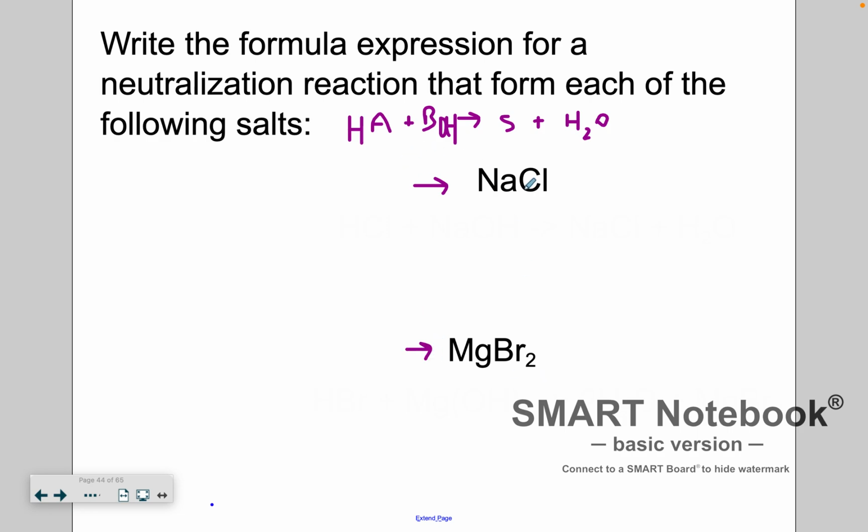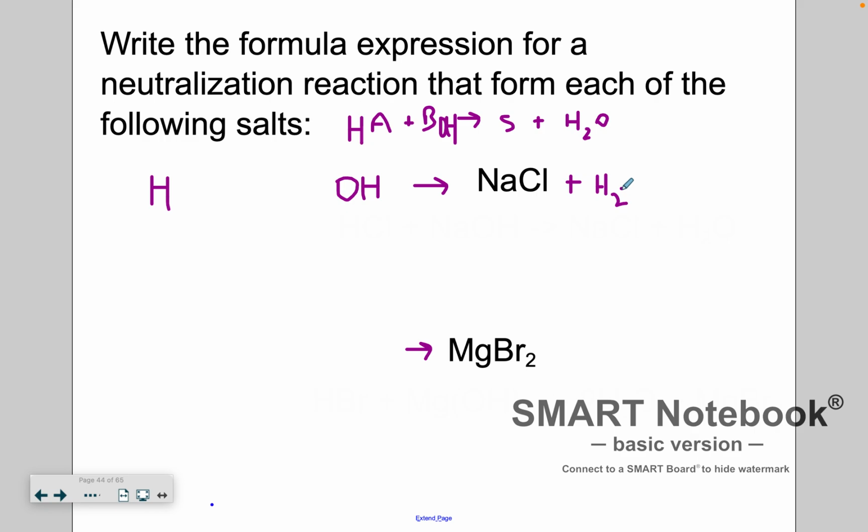Usually we had the hydrogen swap places with the thing in front of the OH. So what I'm going to do is add an OH here, and an OH. And that H and that OH is going to form my water.